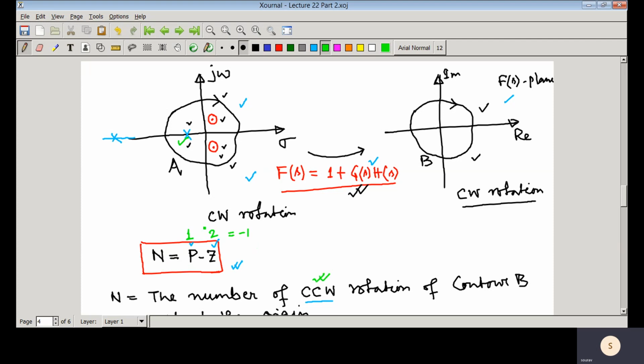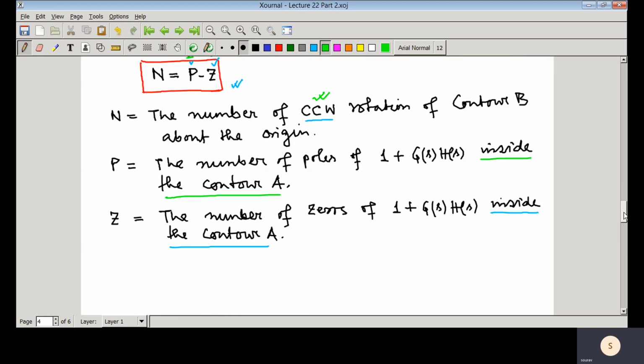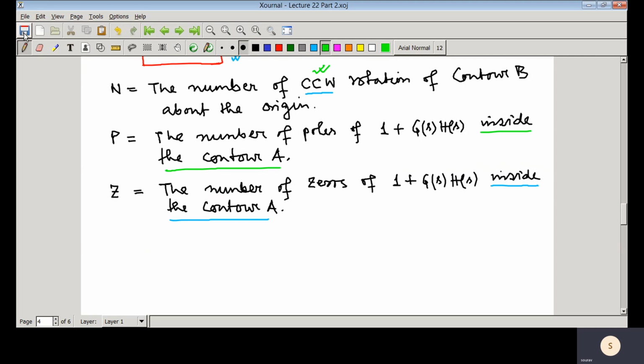If we take minus of that, that would be clockwise direction. You can see this is clockwise rotation. So this particular result is known as the principle of argument.